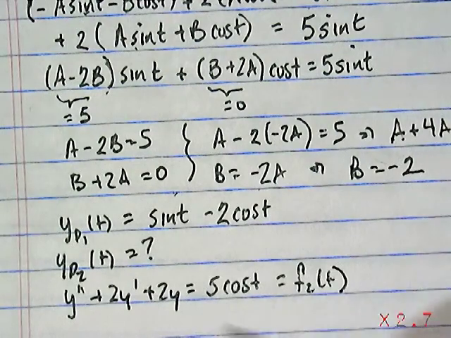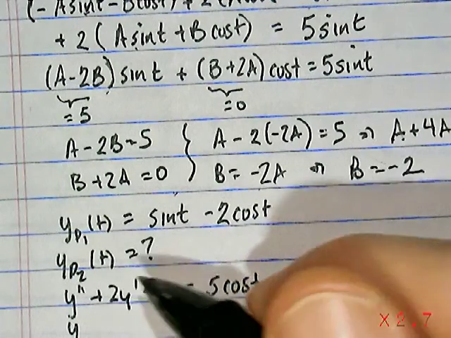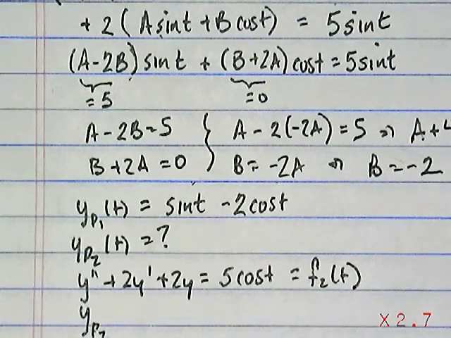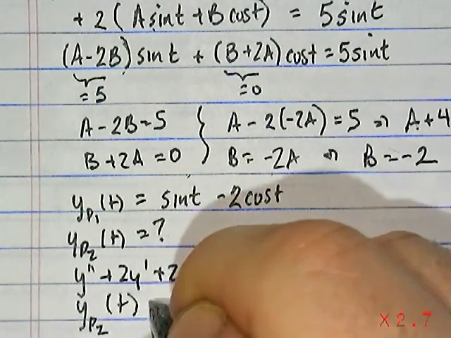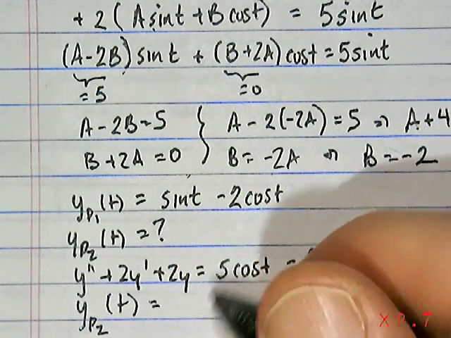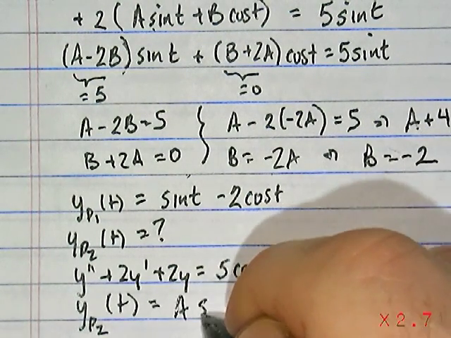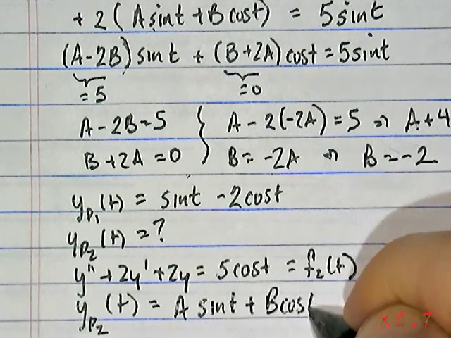And go through the same exact procedure. You'd say, well, we would guess the particular solution here. We'll call it y sub p2 since it's our second part of the overall particular solution. Using the method of undetermined coefficients, we could immediately say that, well, it'd be the same guess, a sine of t. Of course, these constants will be replaced, but we can go ahead and use a and b again.